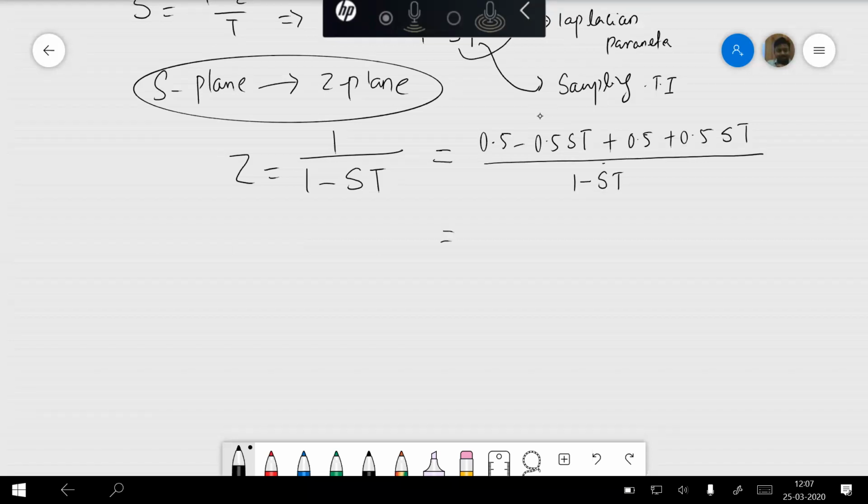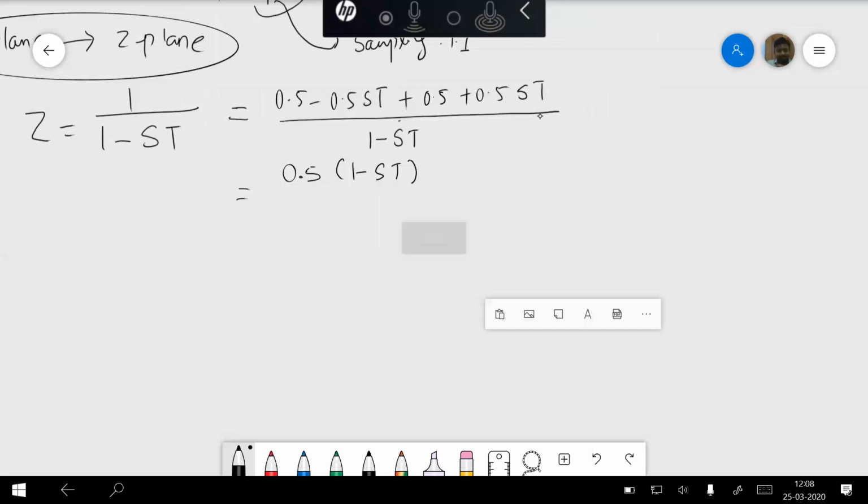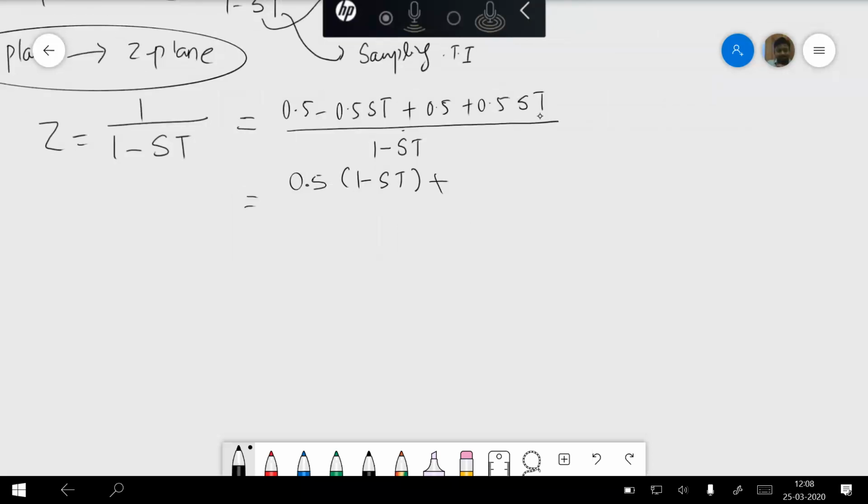Now if I take 0.5 common from this part, I get 1 minus sT, plus, taking 0.5 common from this part, 1 plus sT. Does anyone have a doubt in this particular line? Please raise your hand.